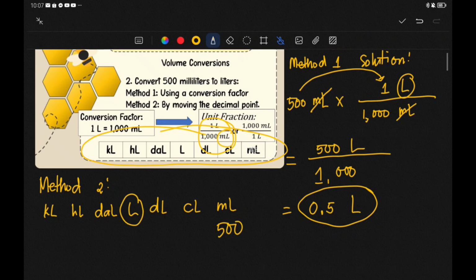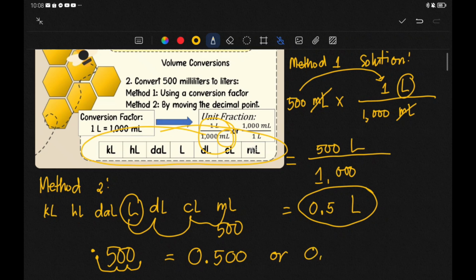How many places do we move to the left? 1, 2, 3. So we need to move 3 times. So 500, its decimal is here. We need to move 3 times. So that is 1, 2, 3. So the decimal point is here. So that is equal to 0.500 or 0.5 liter, which is exactly the same as our answer in method 1.